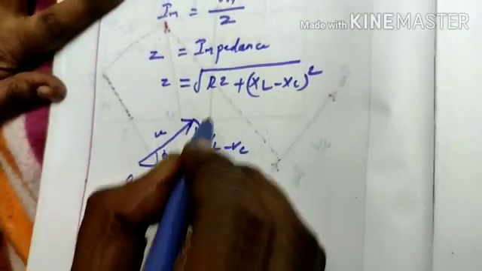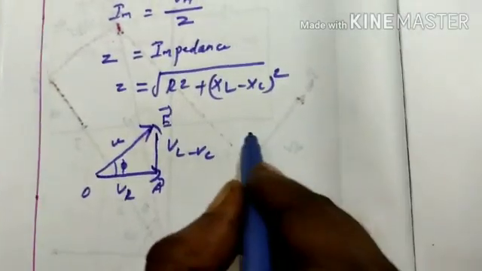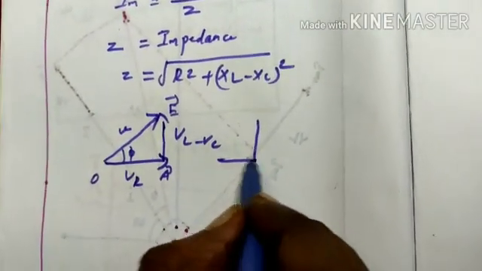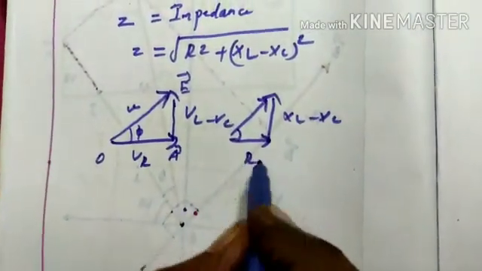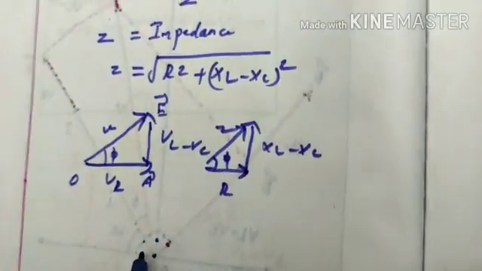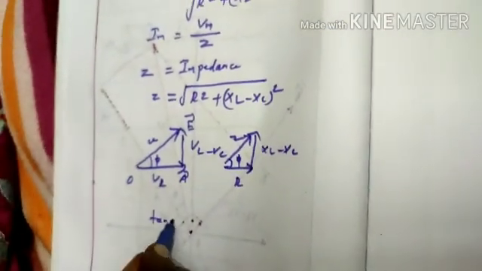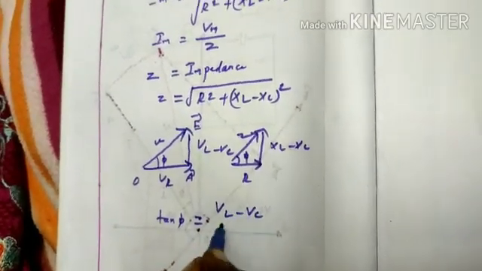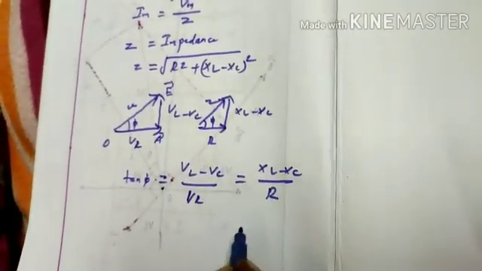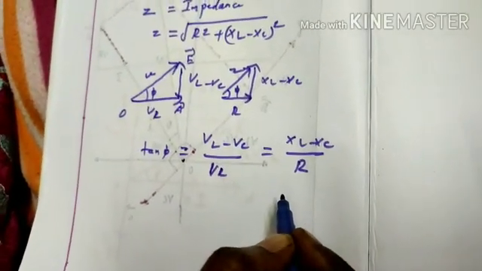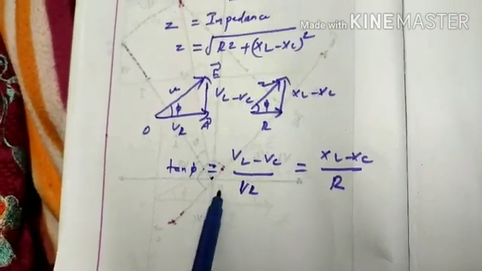Like this, the impedance diagram can also be drawn, with XL minus XC, the angle phi, and Z. This is the magnitude, and to find the direction, tan phi is equal to VL minus VC divided by VR, which equals XL minus XC by R. The phase angle between V and I can be found using this relation.